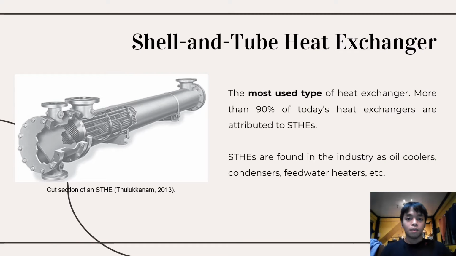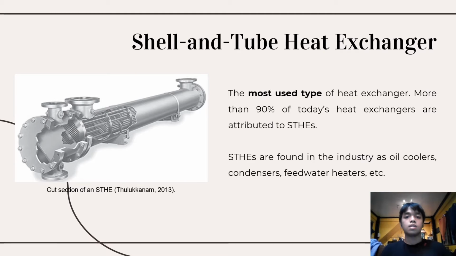First, we will be talking about the shell and tube heat exchangers. This is the most used type of heat exchanger. More than 90% of heat exchangers in the industry can be attributed to this type. The shell and tube heat exchanger, or the STHE, has been utilized in the industry as oil coolers, condensers, and feed water heaters. The basic design of STHEs was first introduced in the early 1900s to accommodate the need for larger surface area heat exchangers.